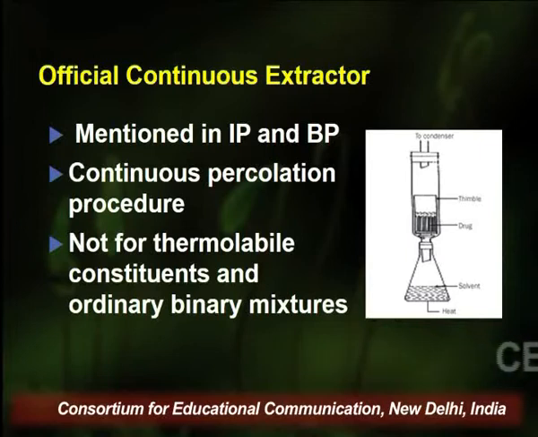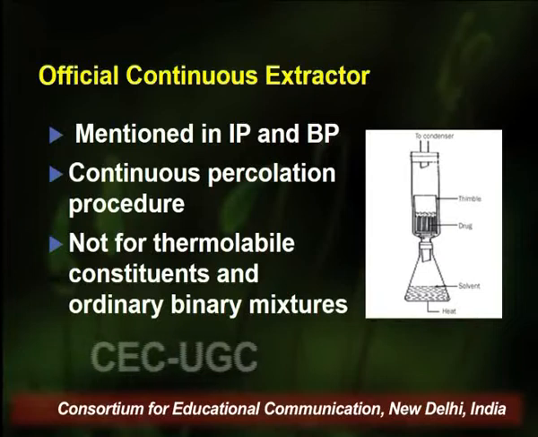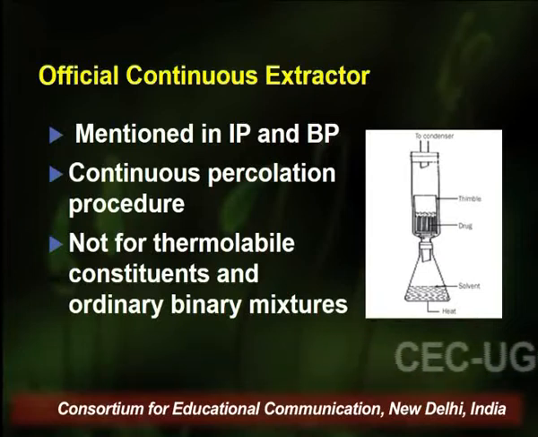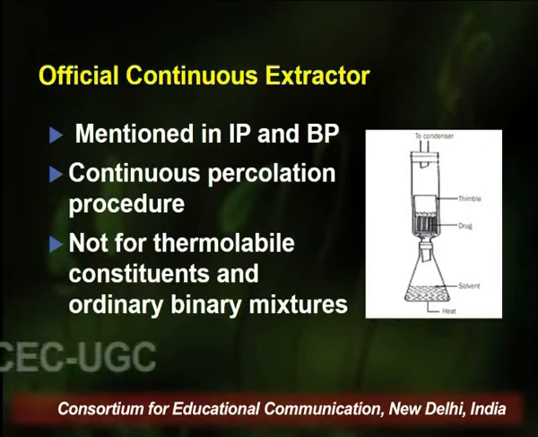So we heat the conical flask which contains the solvent, it evaporates, and the vapors pass through the opening of the extractor. The vapors move towards the condenser, they condense, and the solvent then falls dropwise into the thimble which contains the drug. Then the extract will trickle down into the conical flask. So this is a continuous process.